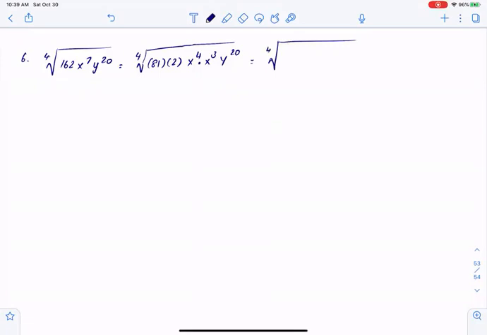Now, is it possible to write 81 as the fourth power of some number? 3 raised 4 is 81 times 2 times x raised 4 times x cubed times y raised 5 raised 4.